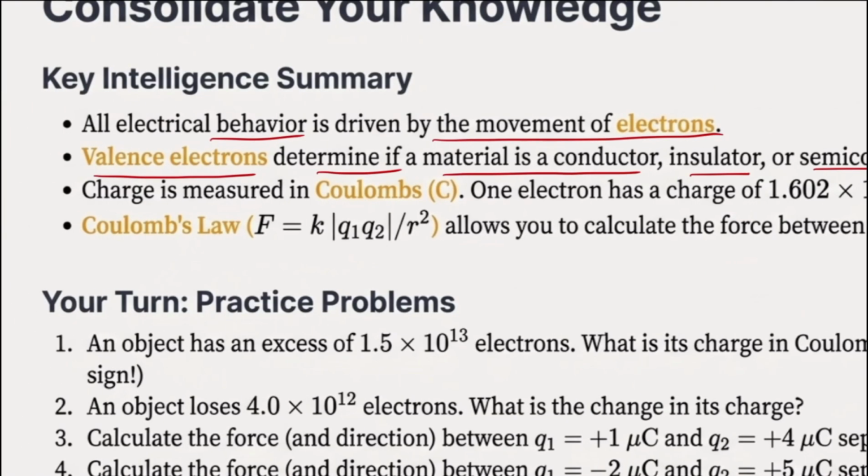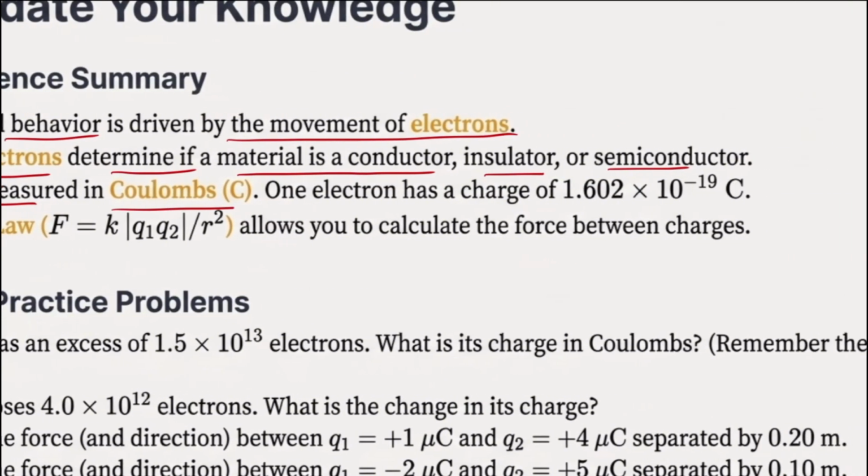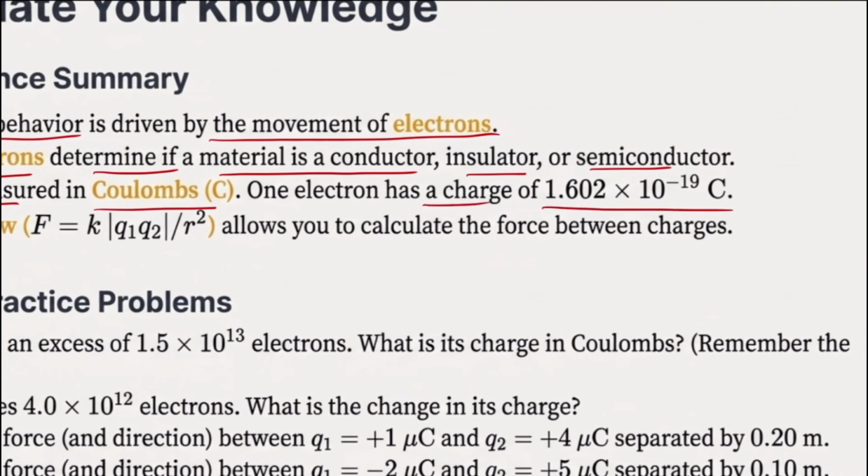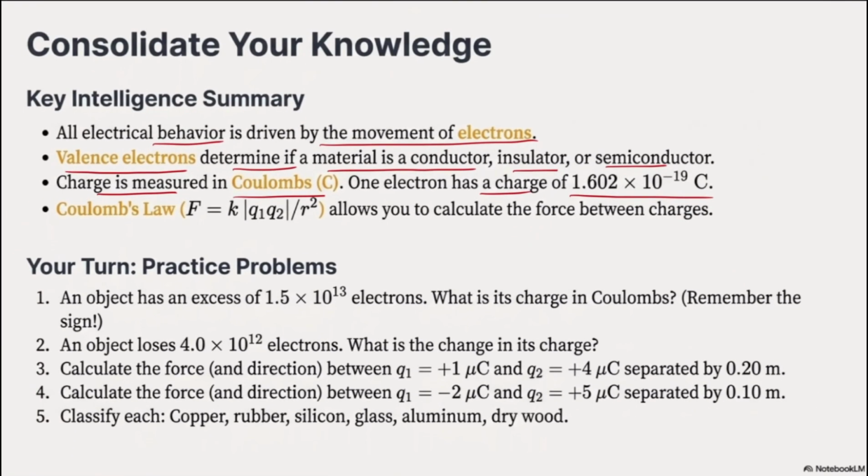And we learned that charge is measured in Coulomb. One electron has a charge of 1.6 times 10 to the power negative 19 Coulomb. We learned about Coulomb's law: F is K times Q1 times Q2 divided by R squared, and this allows us to calculate the force between the charges.